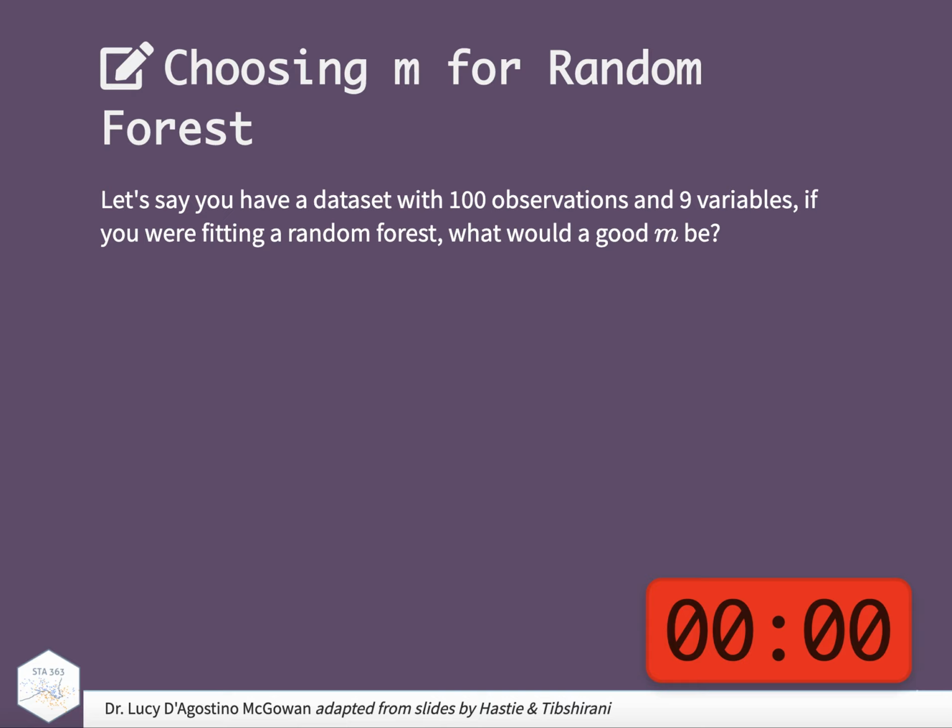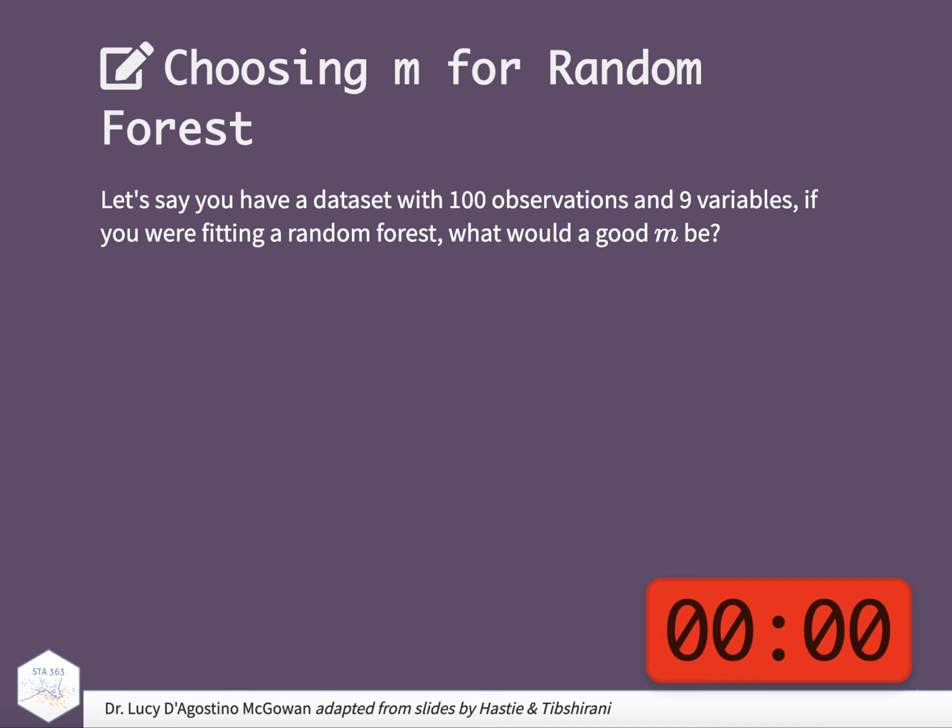So you could think through a diagram, like what we drew before, to think through the decision tree process now that we're just randomly selecting 3 variables instead of looking at all 9.